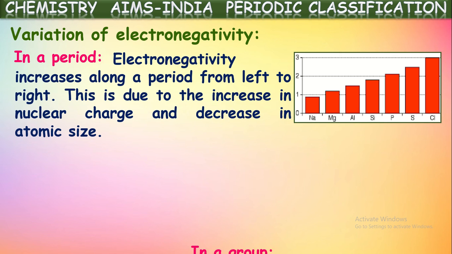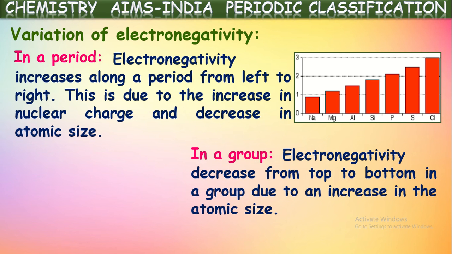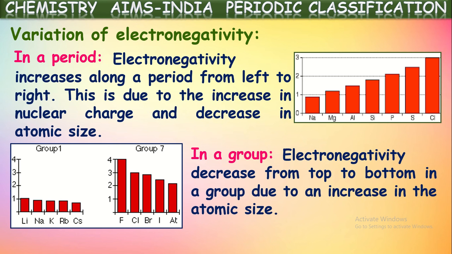What happens in the case of a group? Electronegativity decreases from top to bottom in a group due to the increase in atomic size. We know that in a group from top to bottom, size increases. As size increases, the tendency of pulling the electron pair decreases, and hence electronegativity decreases. See the first group elements, lithium to cesium.